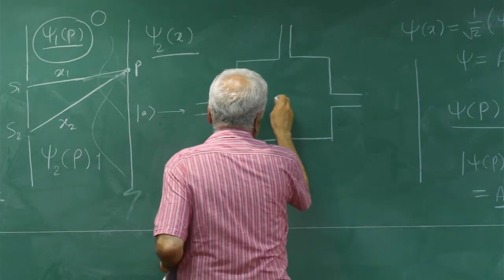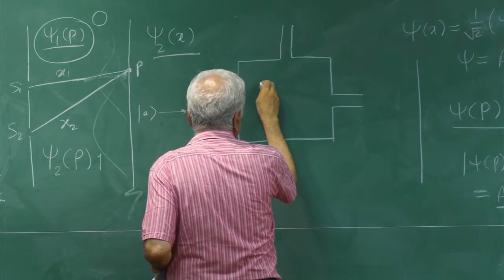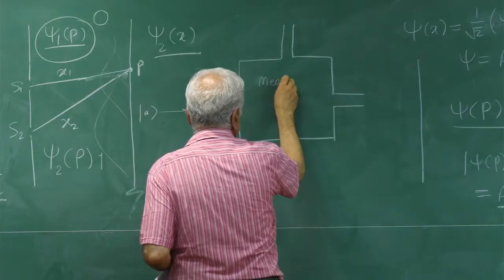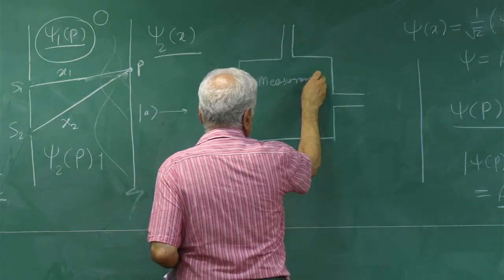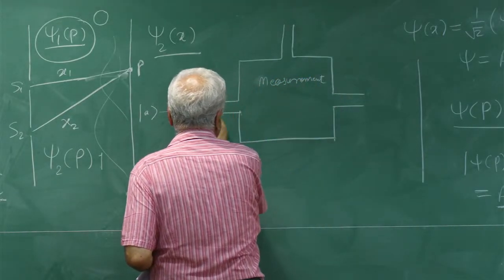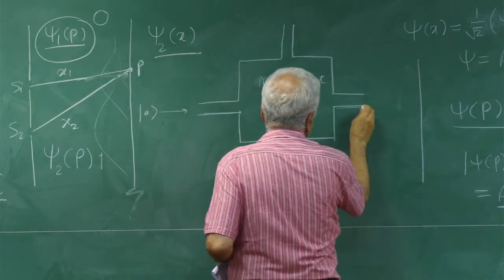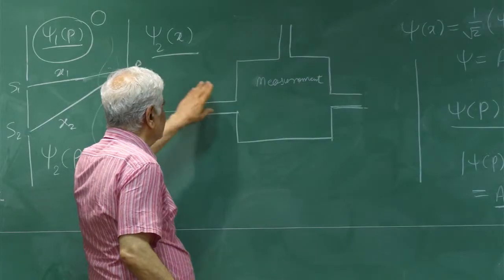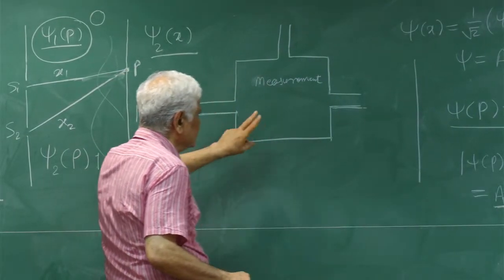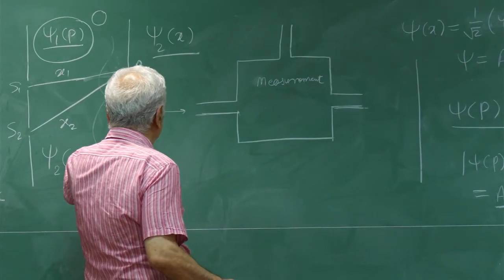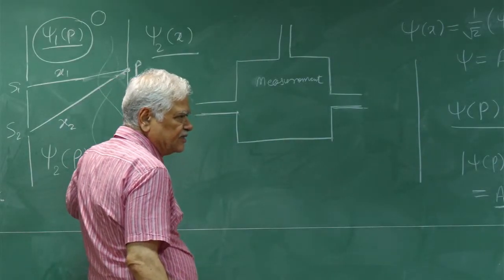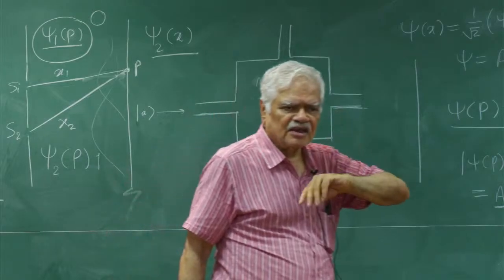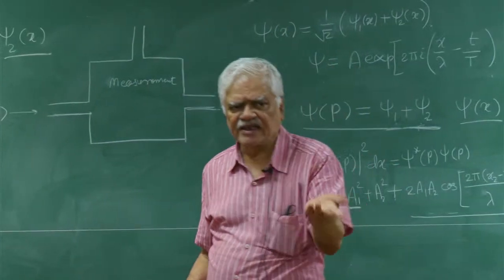This box corresponds to the measuring apparatus, the measurement. And there are two eigenvalues and two eigenstates. I am observing this observable on some arbitrary state, which I am just giving a dot there. The dot can be replaced by anything, it doesn't matter. Any state.